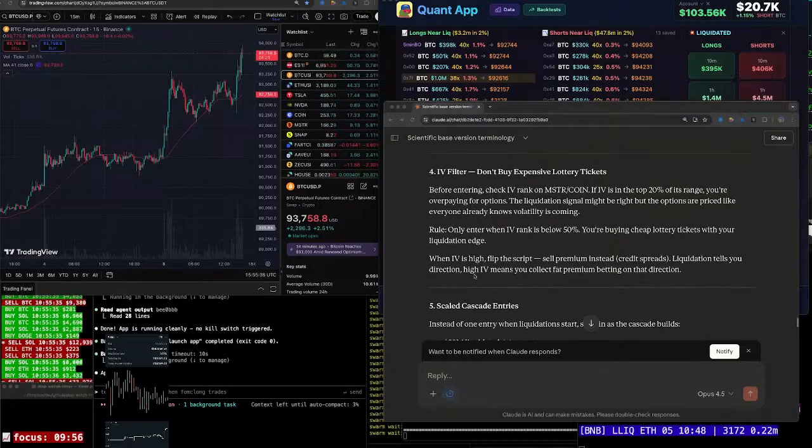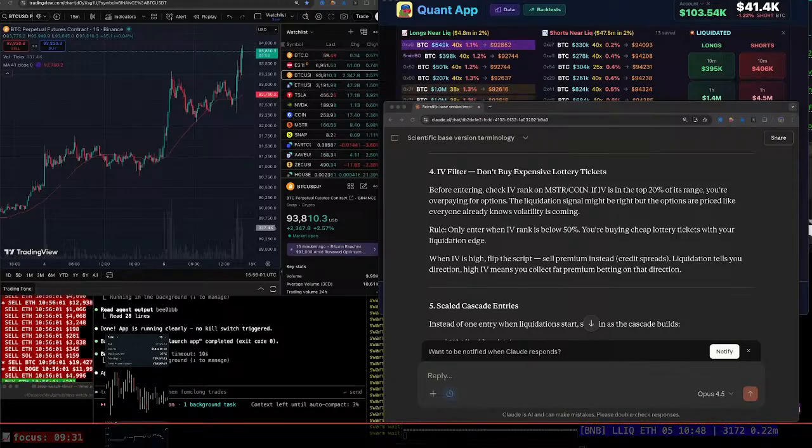So I could have some sort of bot that is always checking the IV. Bot that's always checking IV on coin and MSTR. And if liquidation happens and IV is low, fire away.